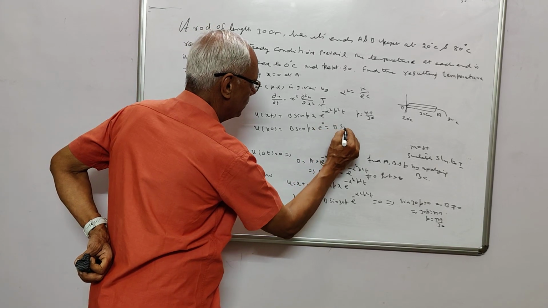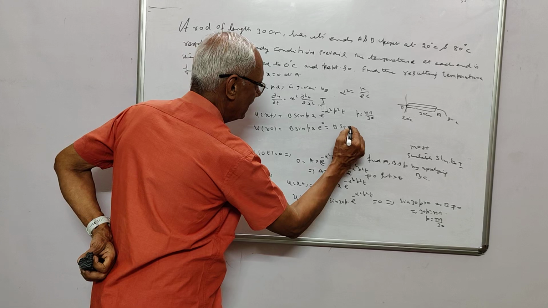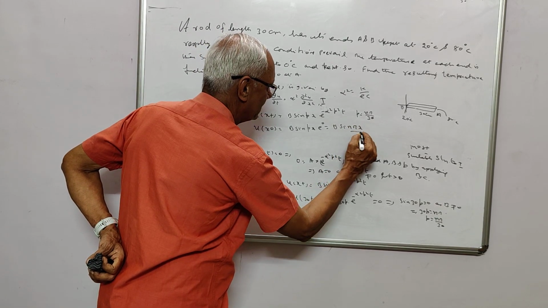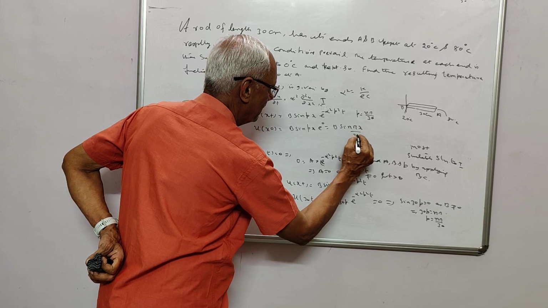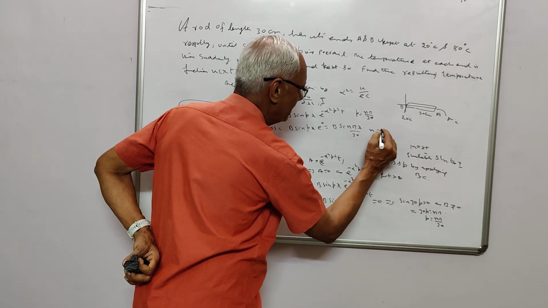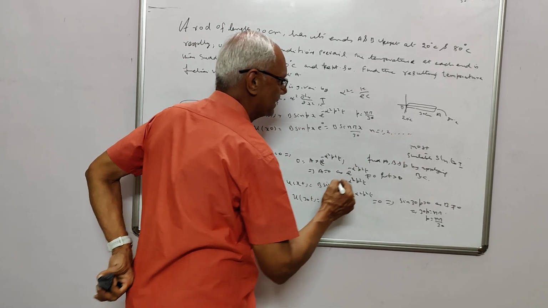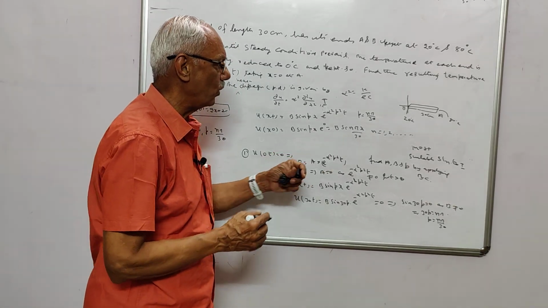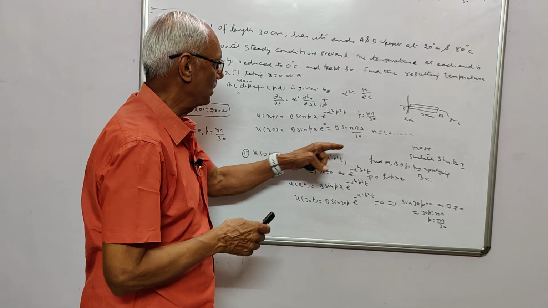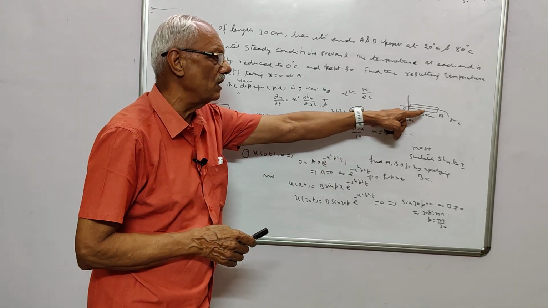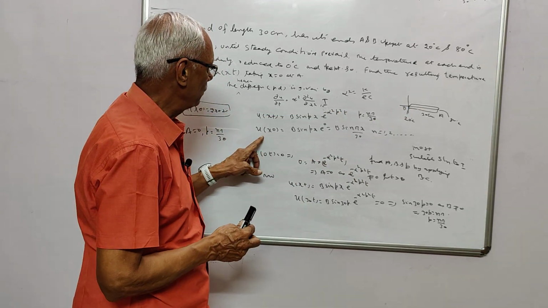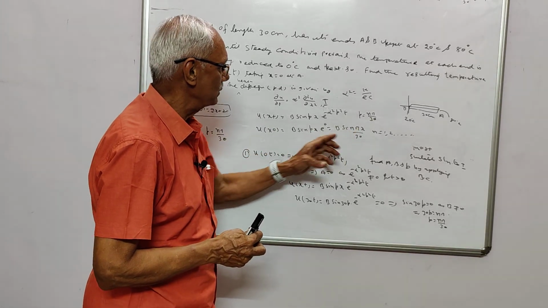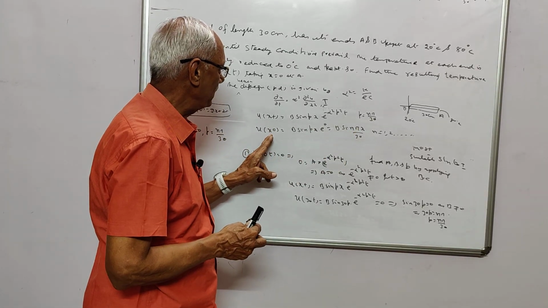So this is equal to sin n pi x by 30, and n takes the value 1, 2, 3 like this, because this value is not for one point, it is for numerous points lying on the rod. So you see that U of x,0 is equal to b sin n pi x by 30 for some point x.